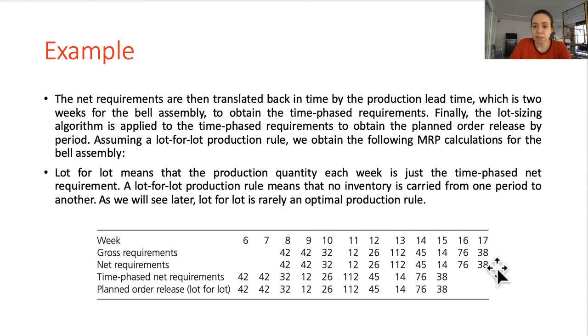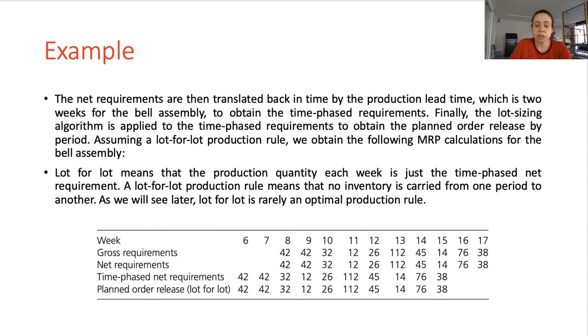But since the production lead time is 2 weeks, for the time-phased net requirements we shift the data 2 weeks earlier. For example, we know that the net requirement of bell assembly for week 17 is 38, but since the production lead time is 2 weeks, we have to plan order release in week 15 at an amount of 38.